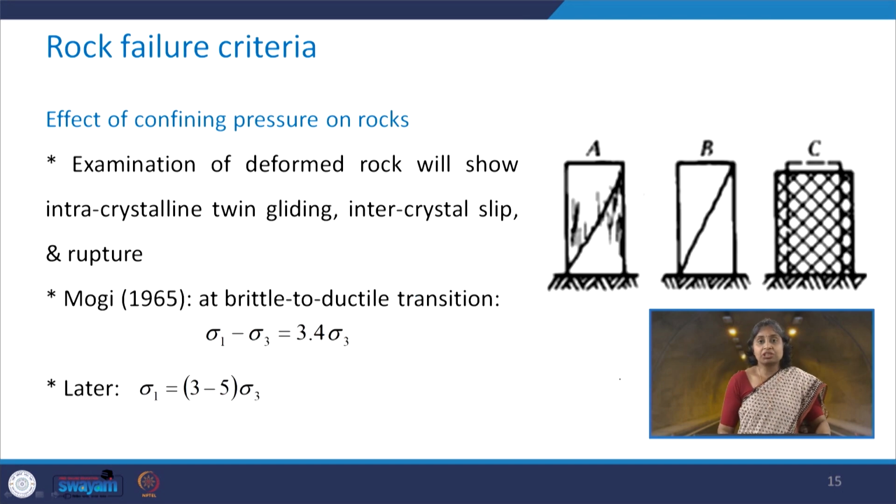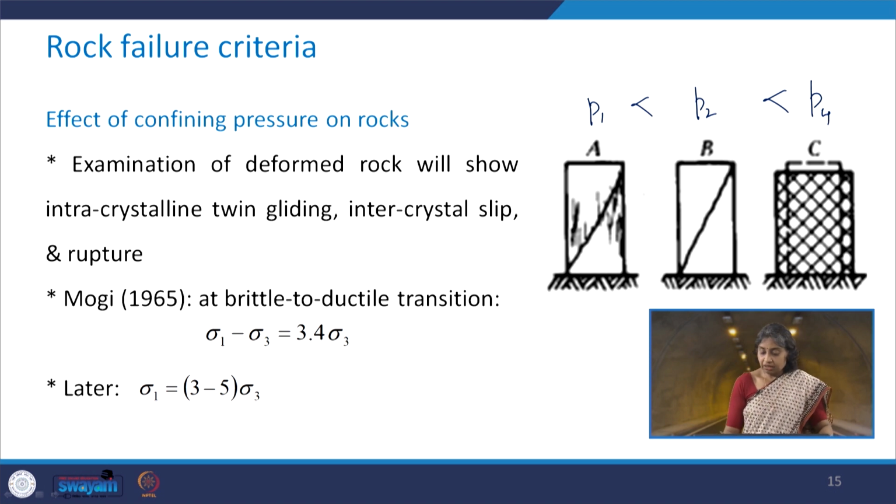Now, I mentioned to you that you need to take a note of those 3 points A, B and C. So, you see the failure pattern at those points, how it is changing with increase in the confining pressure. So, here the confining pressure was P1 which was less than P2, and in this case it was P4.